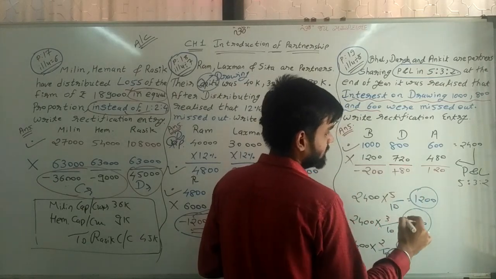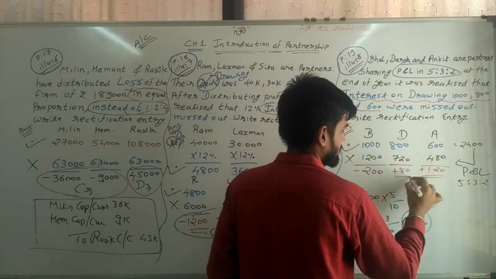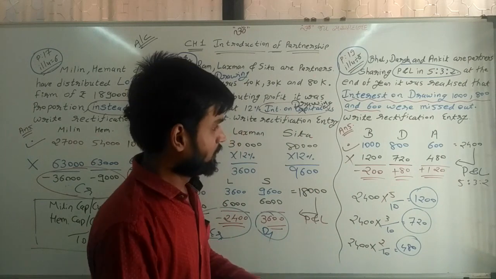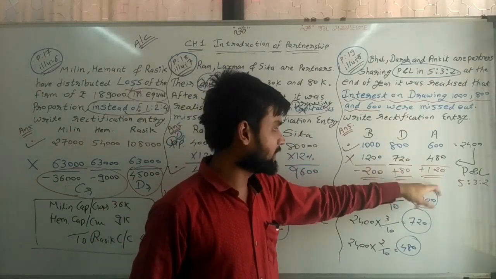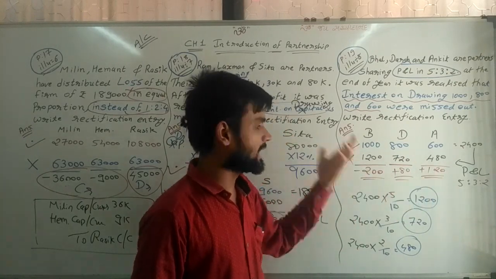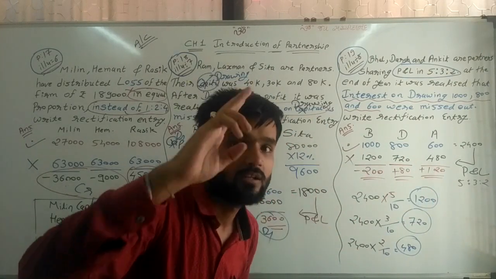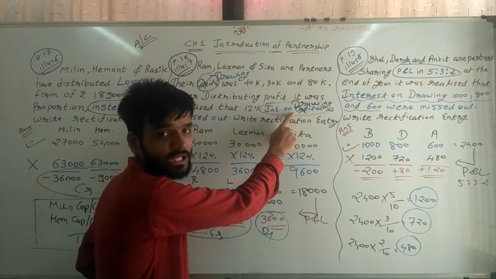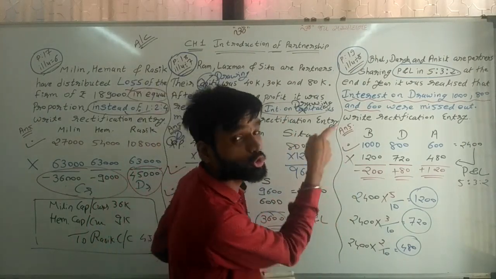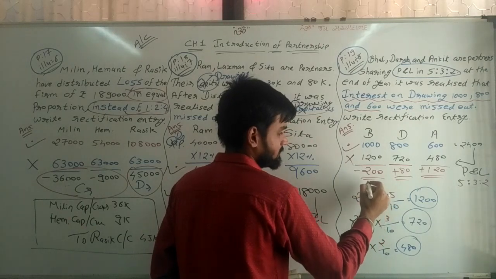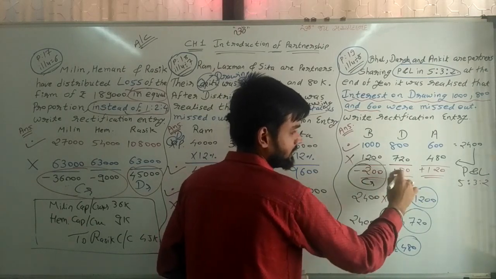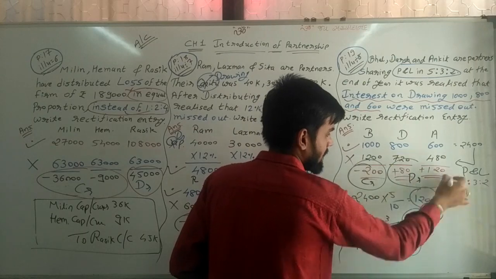Here plus answer is there. So 800 minus 720, 80, plus 600 minus 480, 120, plus total of these two, 120 plus 80, answer is 200. Now again, try to remember interest on capital given, minus debit, but here interest on drawing is given. So minus credit and plus debit.